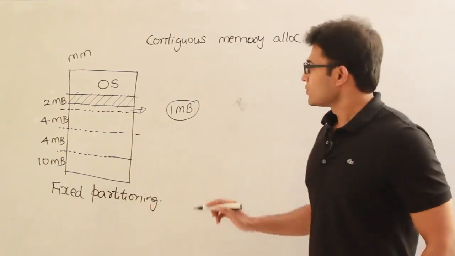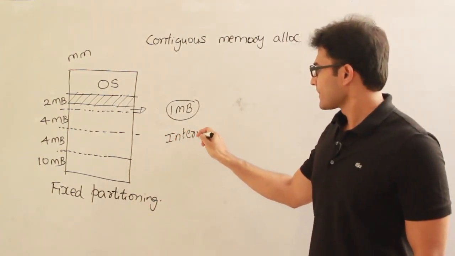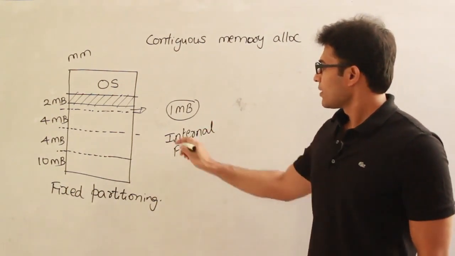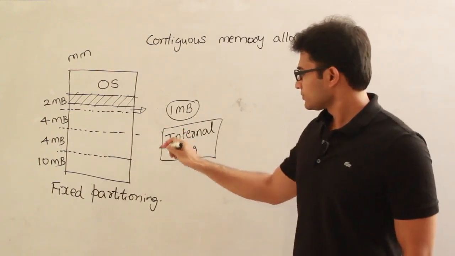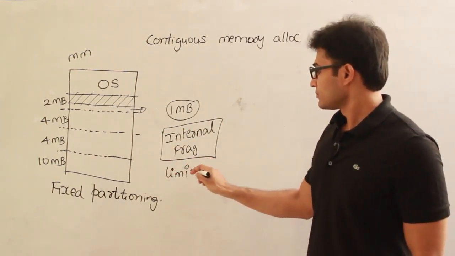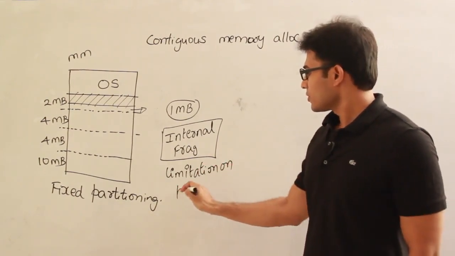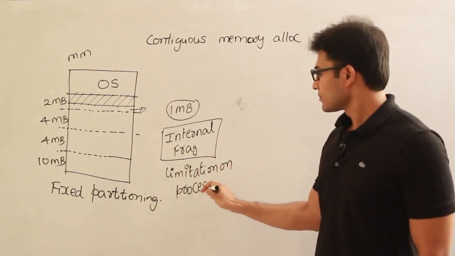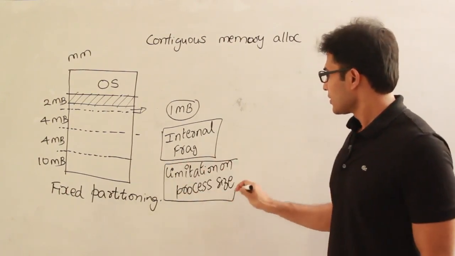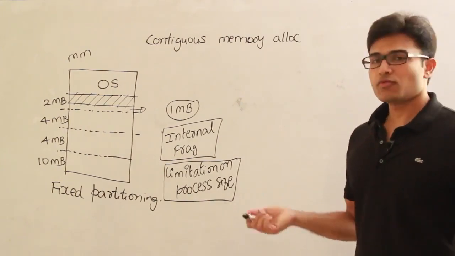So one is internal fragmentation, and then there is a limitation on process size.